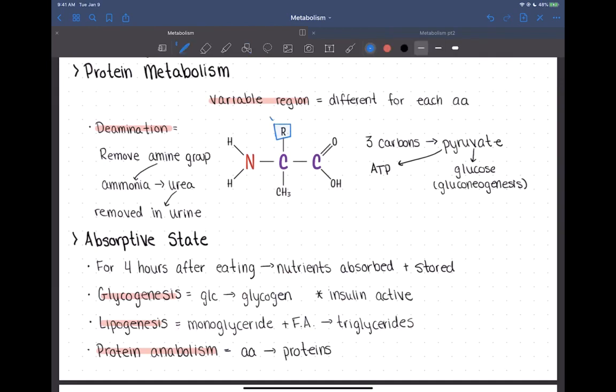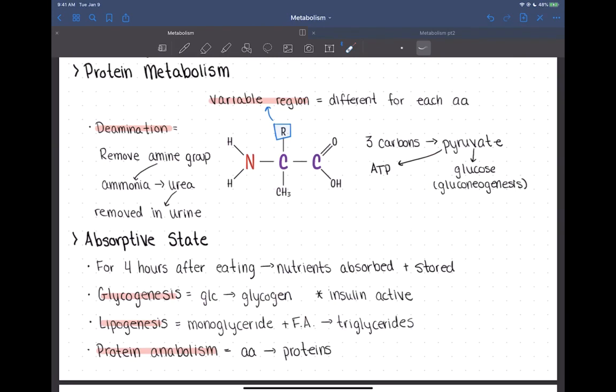Okay, so this variable region is the part of the amino acid that is different, all right? Between every single amino acid, it's different, and this is actually the part that will determine if that amino acid can be used for this process of making ATP.